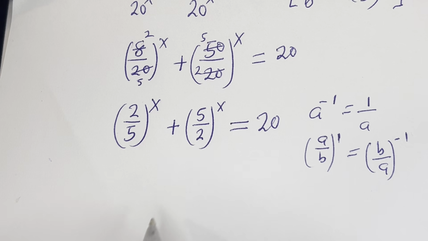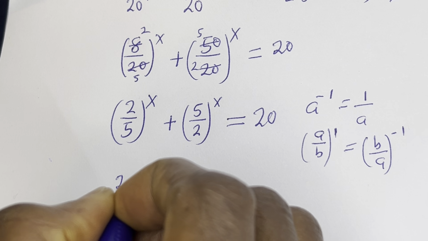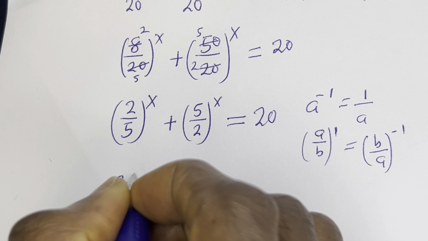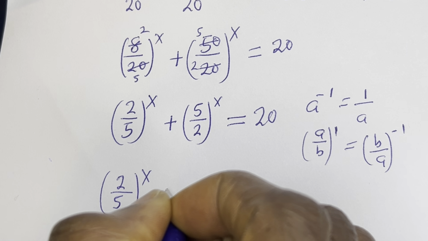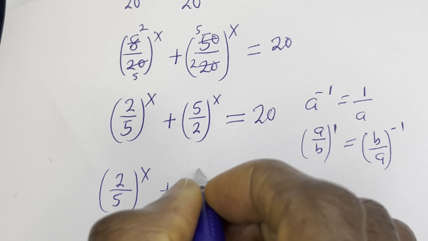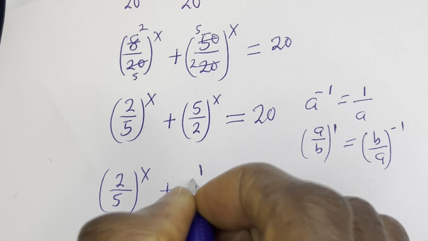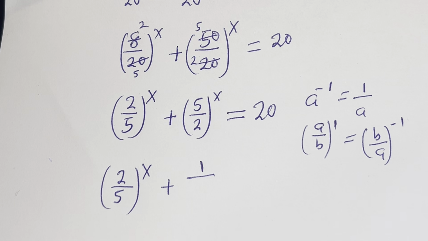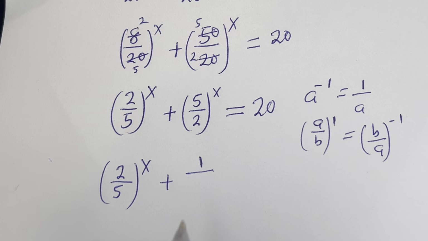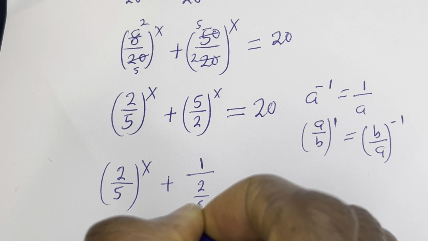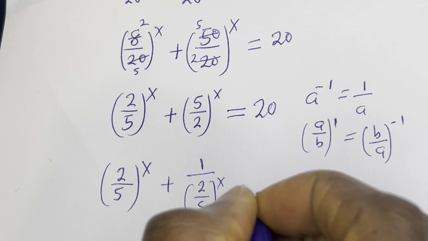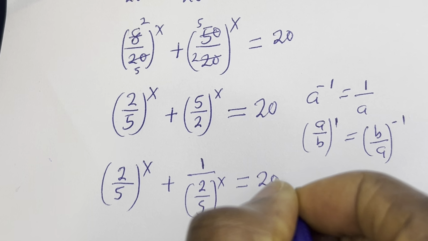So this can be written as 2 divided by 5 to the power of x plus 1 divided by 2 divided by 5 to the power of x is equal to 20.